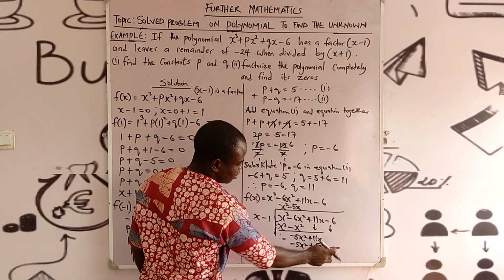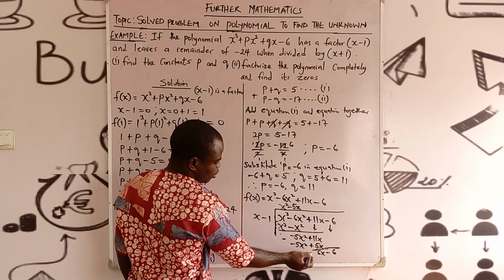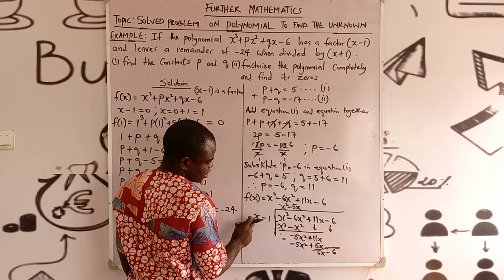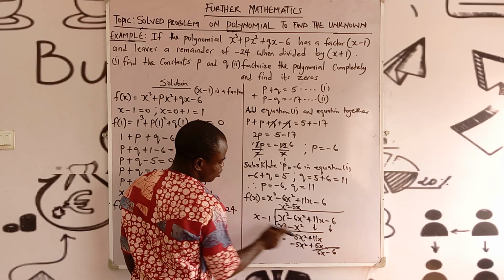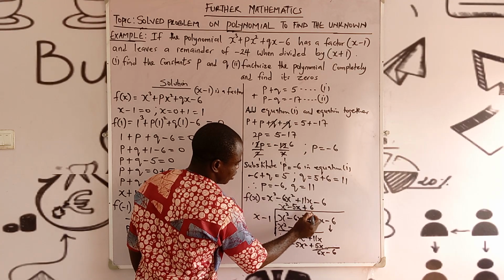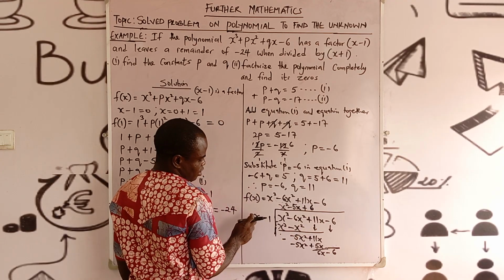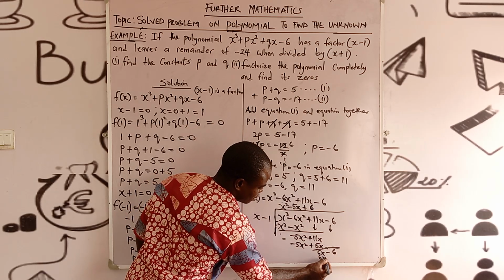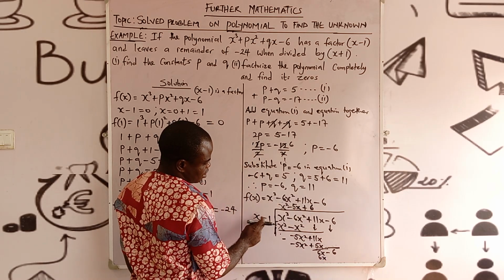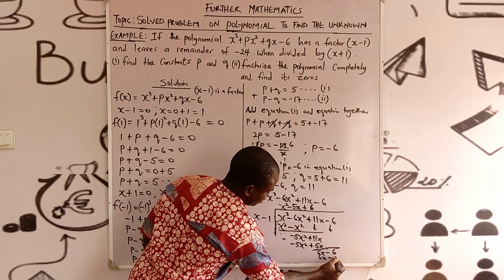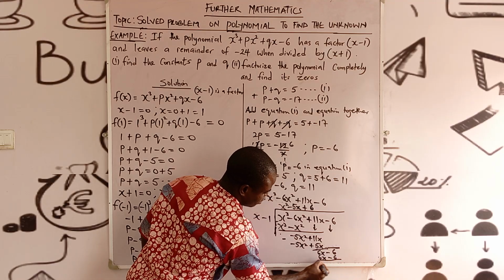This minus 6 will come down here. Now what can you multiply with x that will give us 6x? That's plus 6. x times 6 will give us 6x. Minus 1 times 6 will give us minus 6.